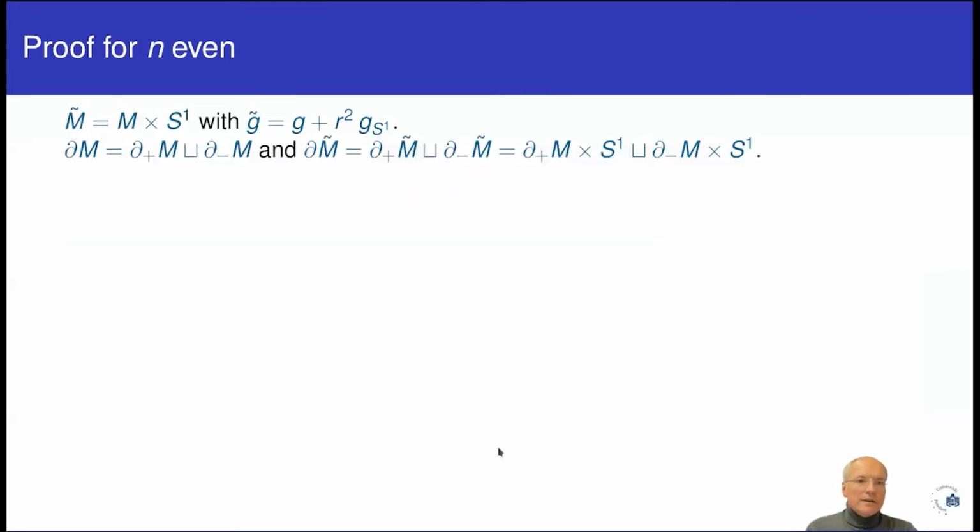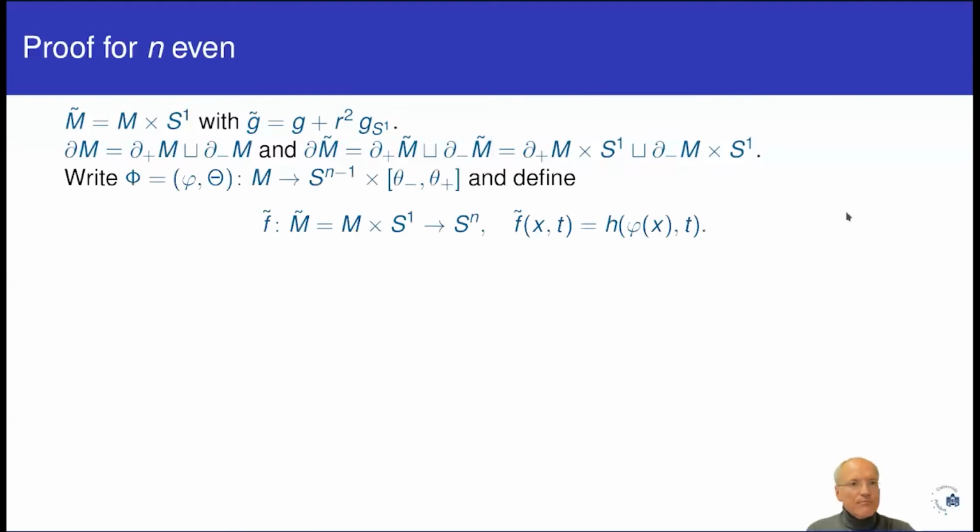All right, now let's continue. So we have this manifold M cross S1, which I called M tilde with this corresponding metric, and we have this decomposition of the boundaries. Now I write my map from the manifold to this product manifold as phi comma theta, where the phi part maps to S^{n-1} and the theta part maps to this interval.